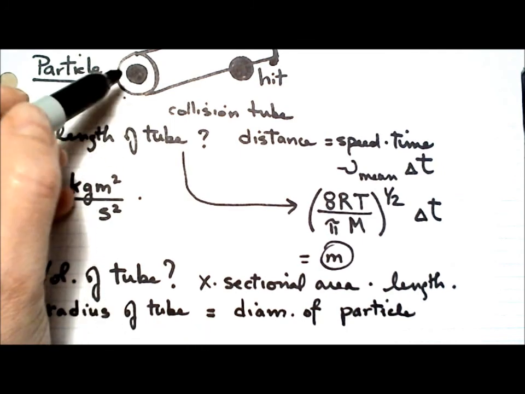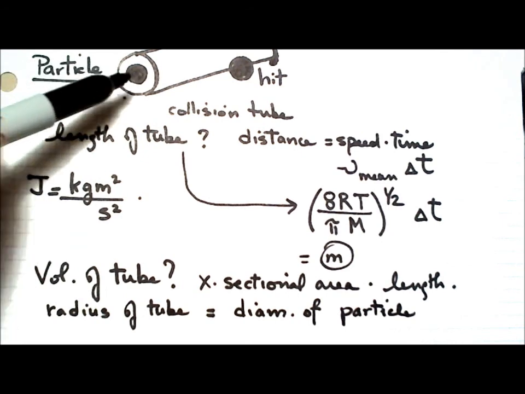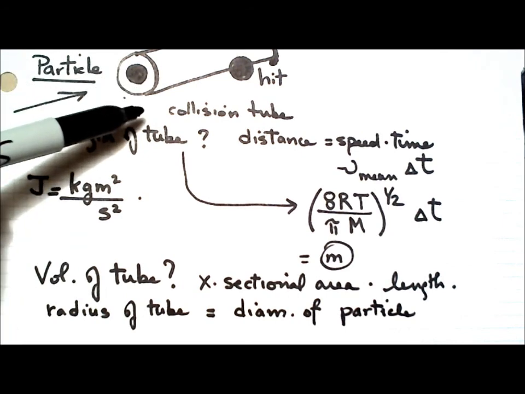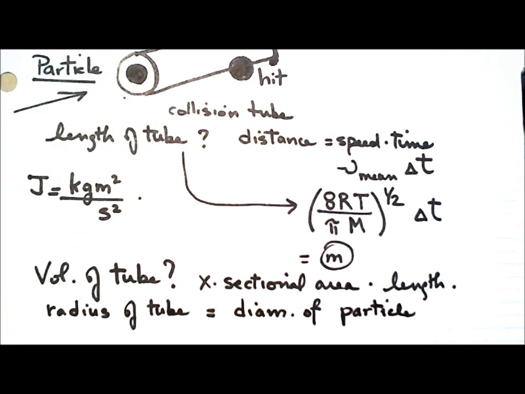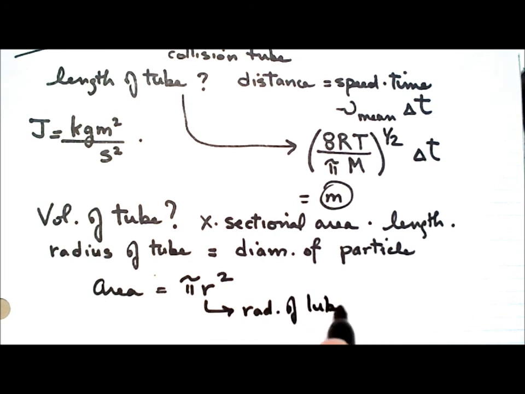The cross-sectional area of this is pi r squared, where r is the radius of the tube.